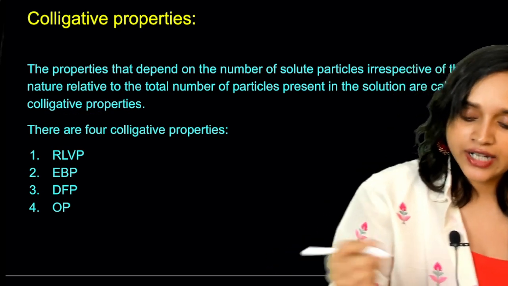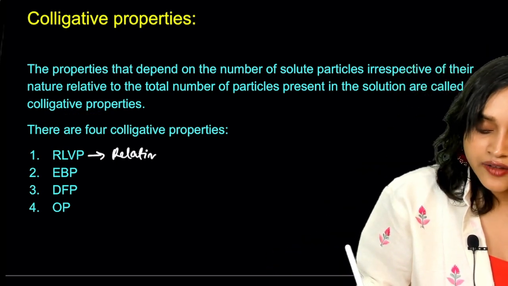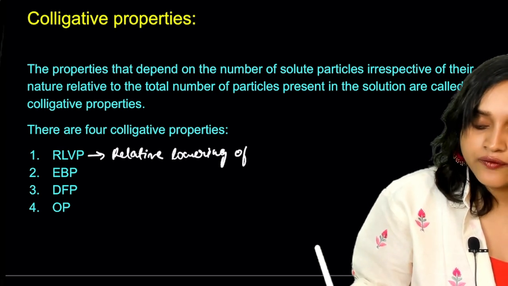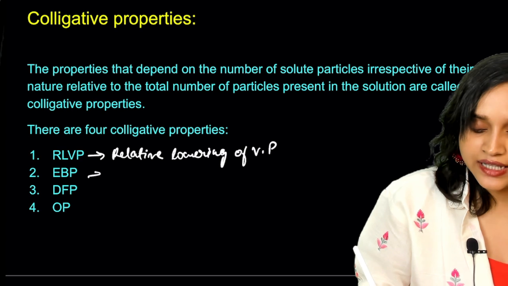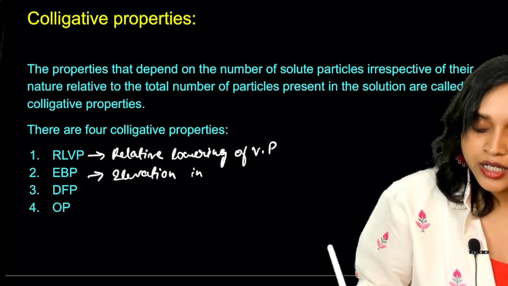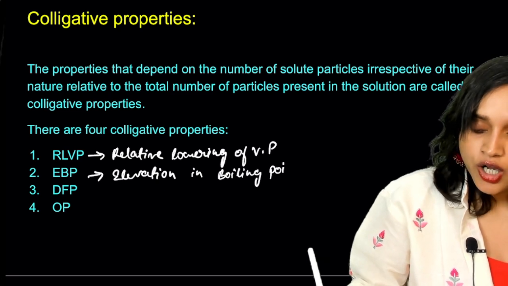Now, you have four different types of colligative property. RLVP is your relative lowering of vapor pressure. What is EBP? That is elevation in boiling point.